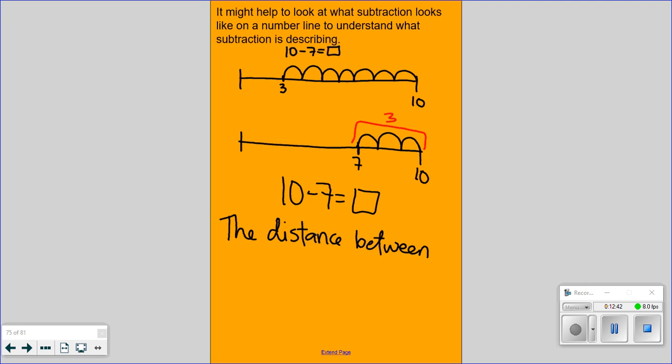No, you shouldn't have to turn the page. You already wrote it down. Right at the top of your page. Oh, the distance between. Yeah, the distance between what? What 2 numbers? 10 and 7. There you go. Distance between 10 and 7.